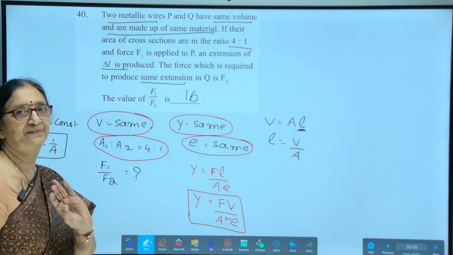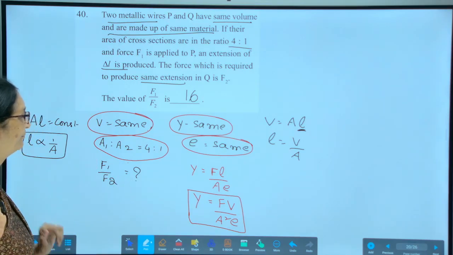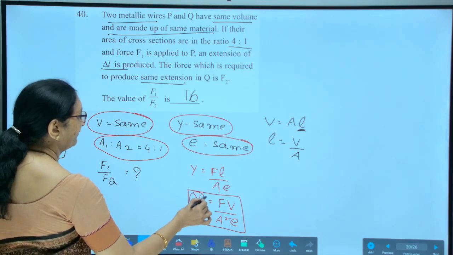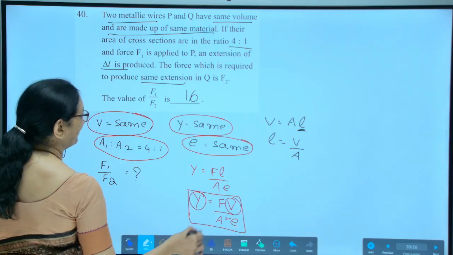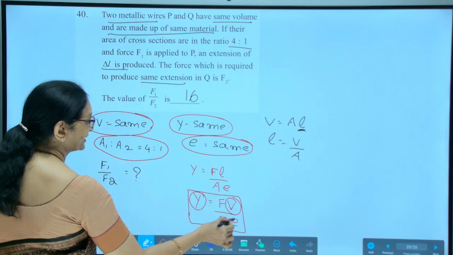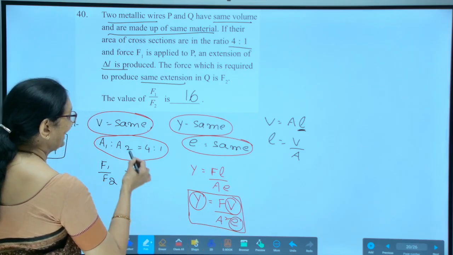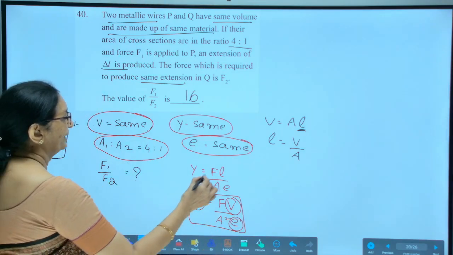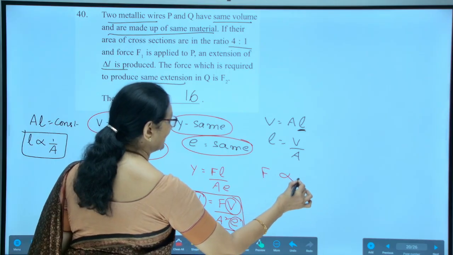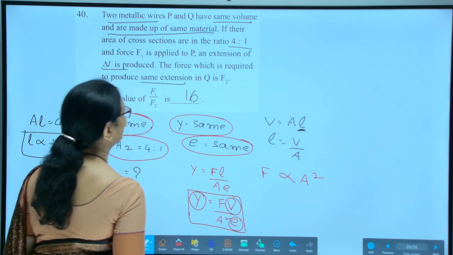Now carefully, cancel out the same factors in both cases. Y is the same for both, volume is the same for both, extension is the same for both, areas of cross section are different. So, force applied is proportional to A square.